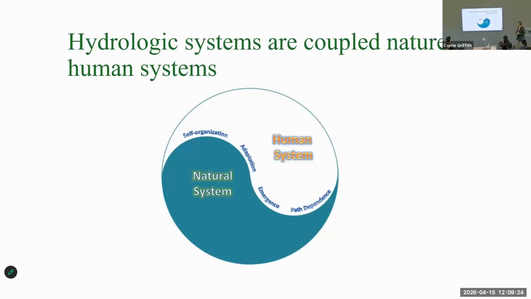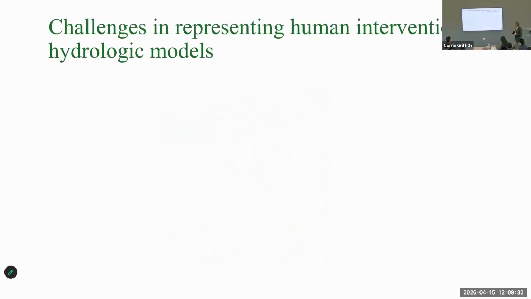And both systems share some causal dependencies. So there are some challenges. Although we know we should quantify rapid and reasonable human interventions in hydrological processes and hydrological models, there are some challenges.